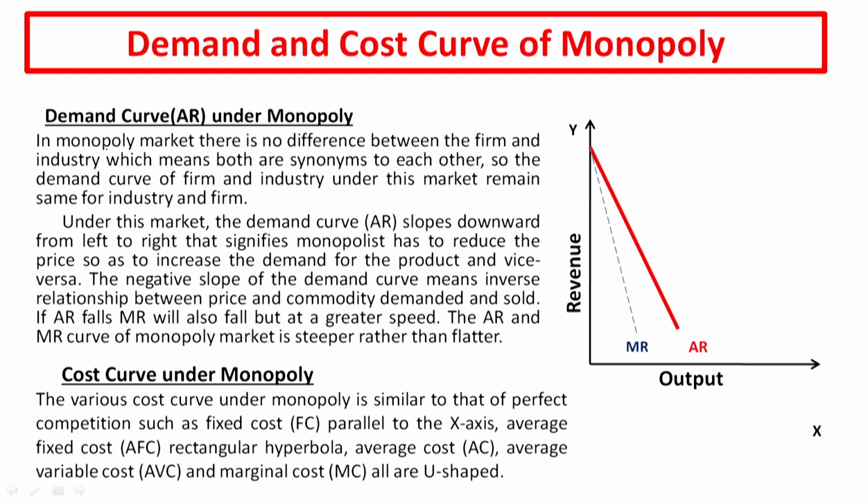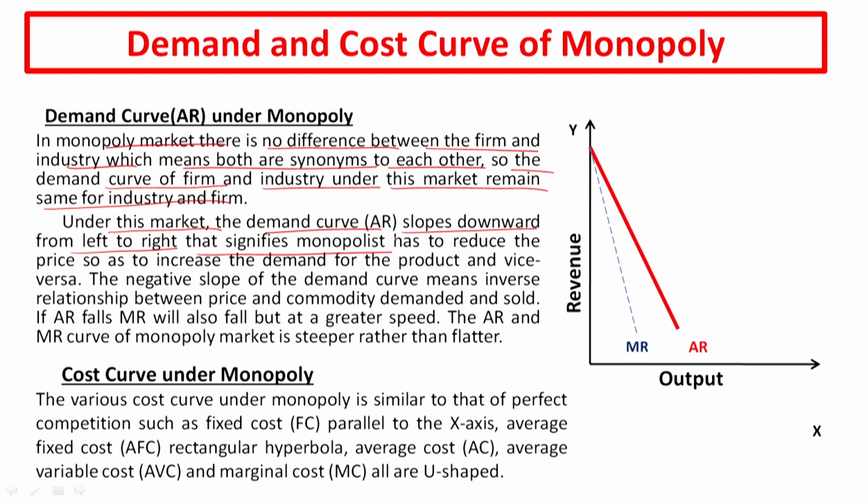So in monopoly market, there is no difference between firm and industry, which means both are similar to each other. So the demand curve of firm and industry under this market remains same. Under this market, the demand curve AR slopes downward from left to right.